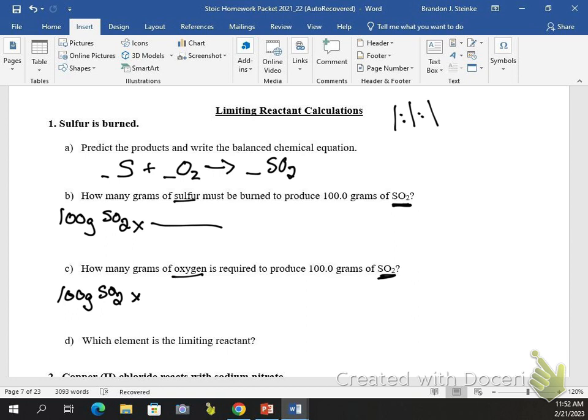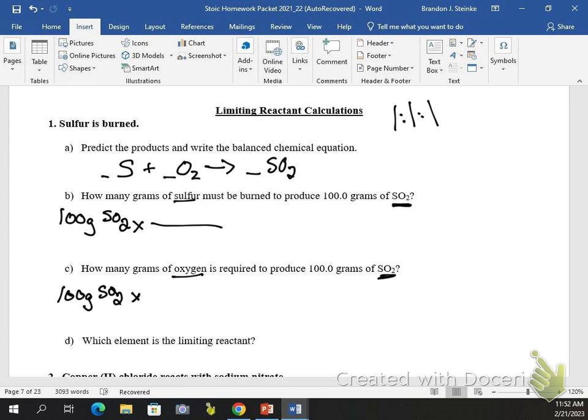I'm getting a lot of questions about how to get started. What are we currently in? Grams. What do I need to be in? I need to first get into moles. Why do I need to get into moles? Because my stoich step allows me to change compounds. The only way I can change compounds is to get the given into moles. If I'm given moles, that's a good thing because I can go straight to my stoich step.